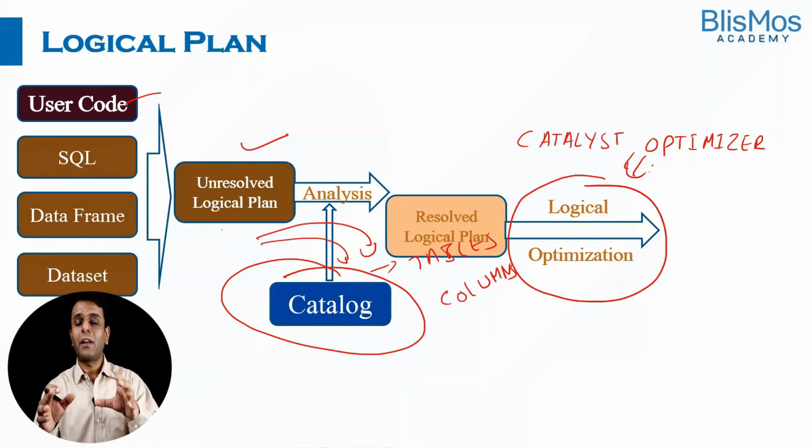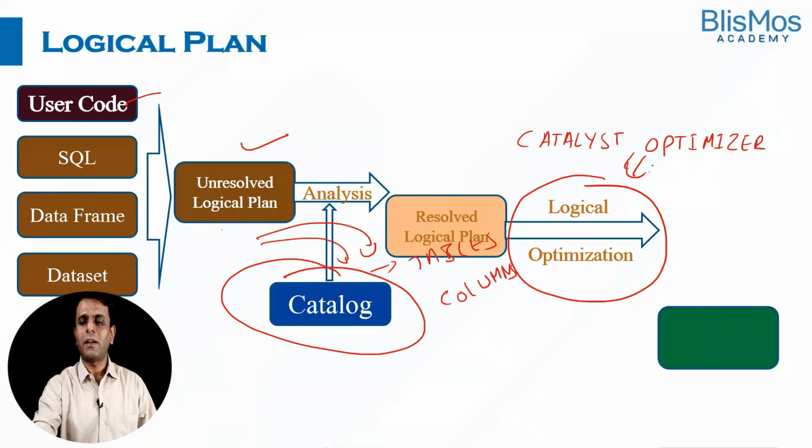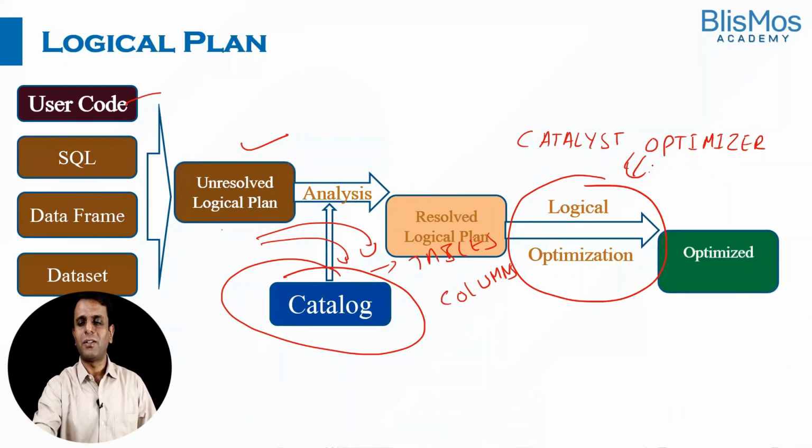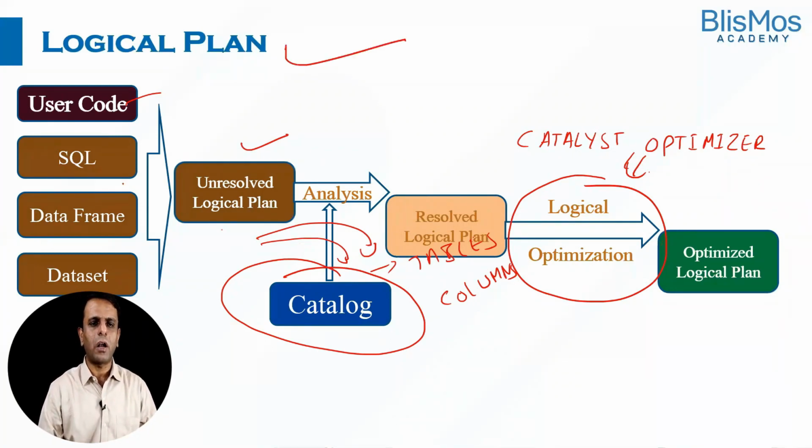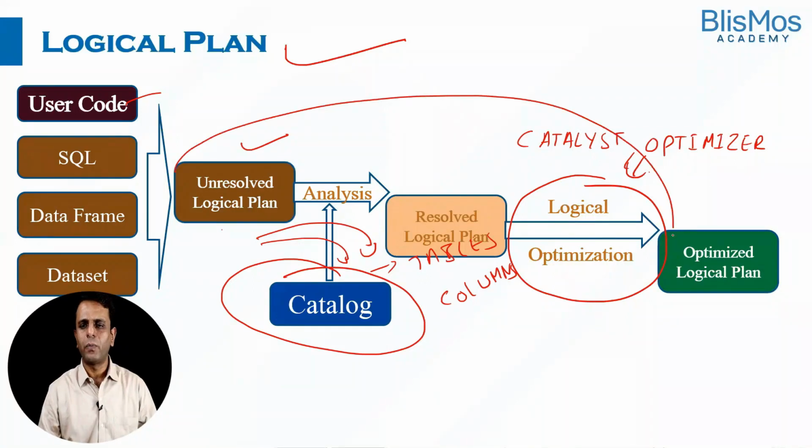That is where the Catalyst optimizer looks at the user's code and sees which filter has to be applied at what stage. Once this optimization is done, we get an optimized logical plan. Isn't it good? Now that we understood the logical plan, and how the unresolved plan is converted into an optimized logical plan, let us go further. This is phase 1 that we just looked at.